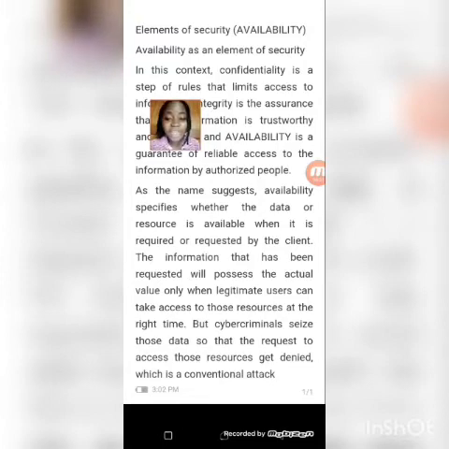It is not fake. It works in line with integrity, meaning the information is trustworthy. Availability means the information can be gotten by the authorized people, by legitimate users at the time they need it. Okay, I hope you understand that.